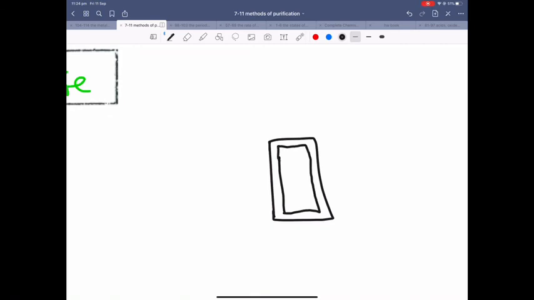The outside part is called the cell wall, isn't it? Now, that could be the cell wall, or that could be the cell wall. They're both the cell wall. But what if you accidentally made it go too far and touch that? Would that still be the cell wall? No.